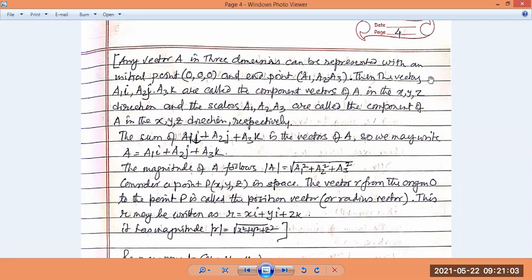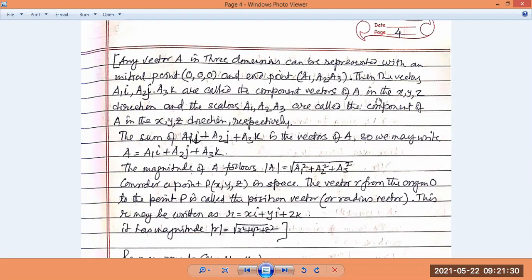So the vectors a1 i, a2 j, a3 k are called the component vectors. It means the distance from the initial point to the final point is a1, a2, a3 in the three respective directions, and a1 i, a2 j, a3 k are defined as component vectors of a.